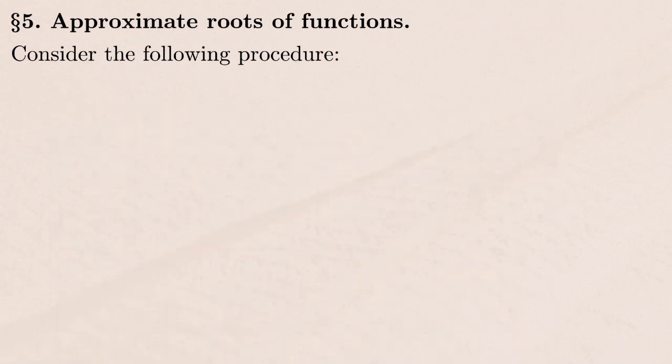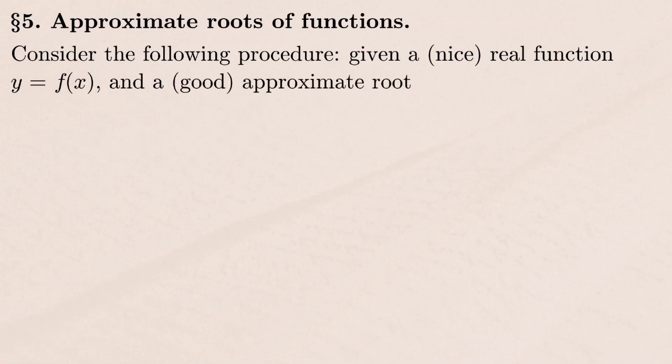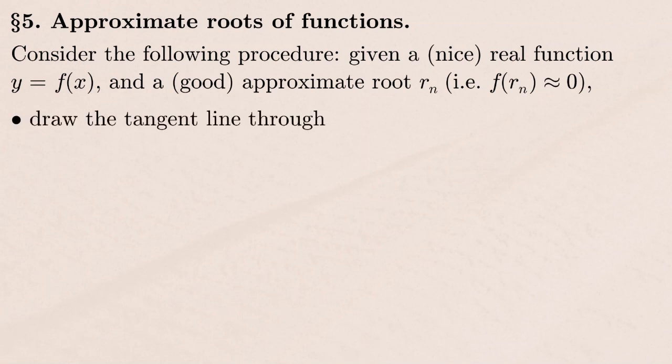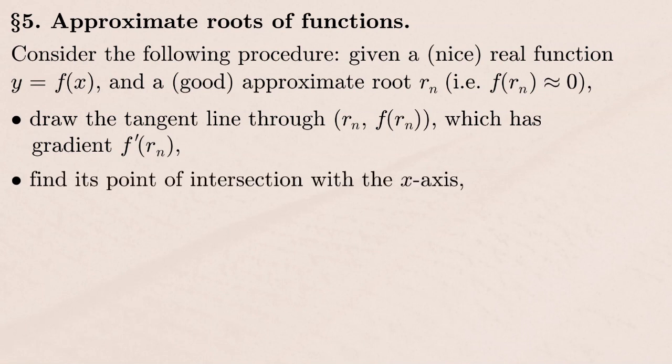In other words, given a nice enough real function, y equals f of x, and a good enough approximate root Rn, so that f of Rn is close to 0, we draw the tangent line through the corresponding point on the curve. That's Rn, f of Rn, and that's going to have gradient f prime of Rn by definition. And then we find where it intersects the x-axis, and we call that point Rn plus 1.